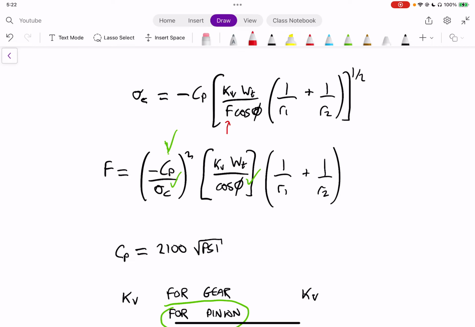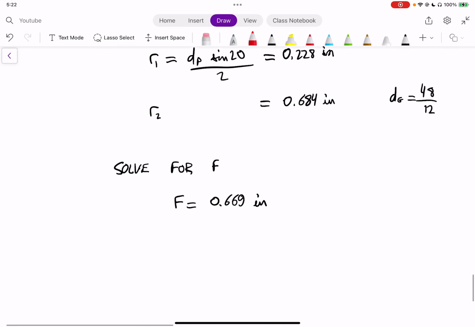And so that means that F should be, in order for our question prompt to be correct, greater than or equal to 0.669 inches. Kind of a similar thing to the example we did last time.